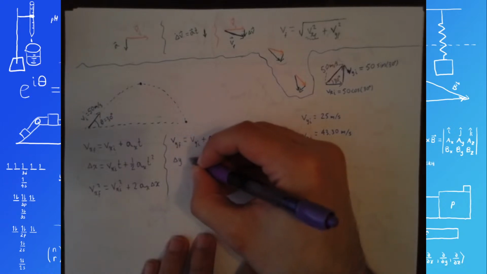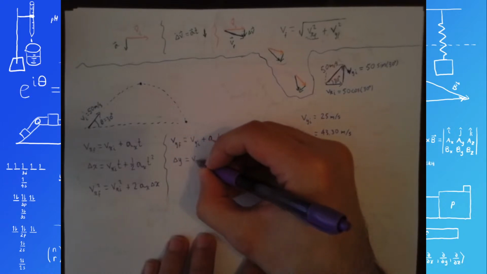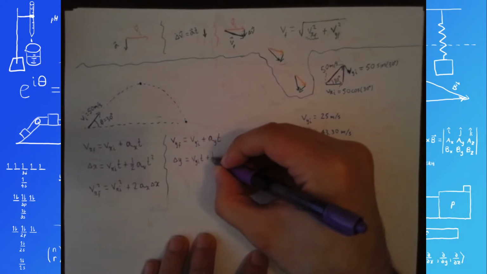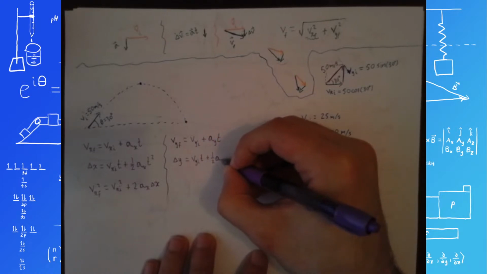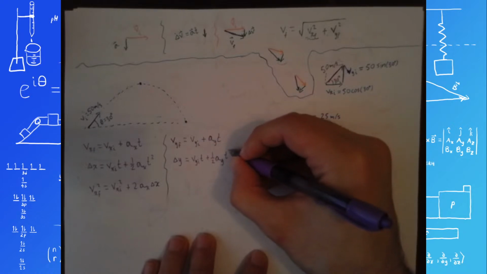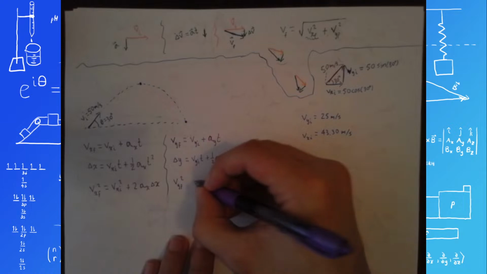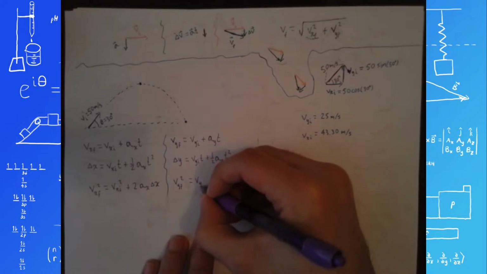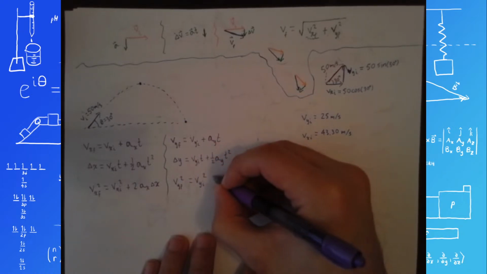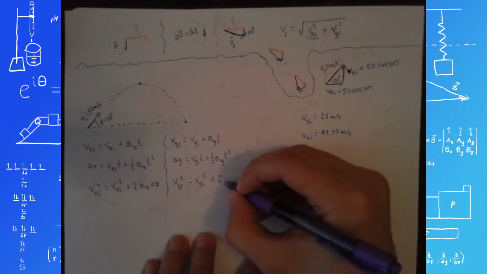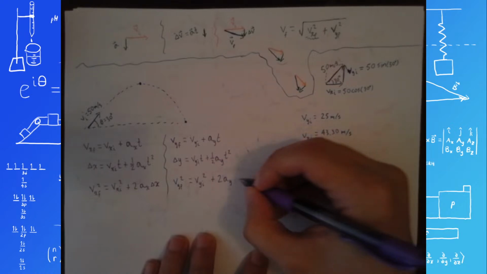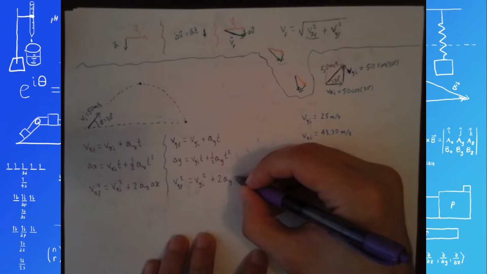Delta y is equal to Vy initial times t plus 1/2 acceleration in y times t squared, and Vy final squared equals Vy initial squared plus 2 times the acceleration in y times delta y.